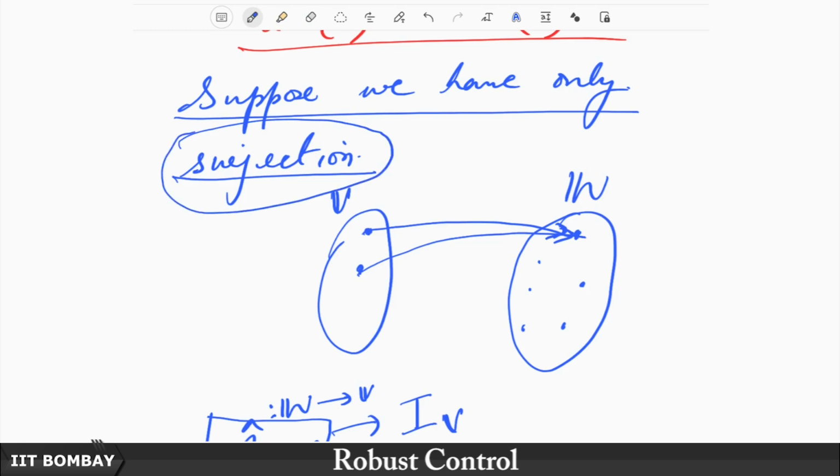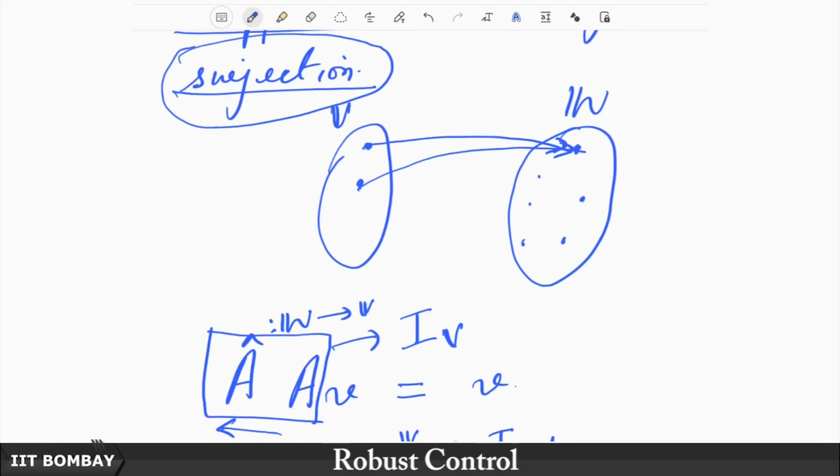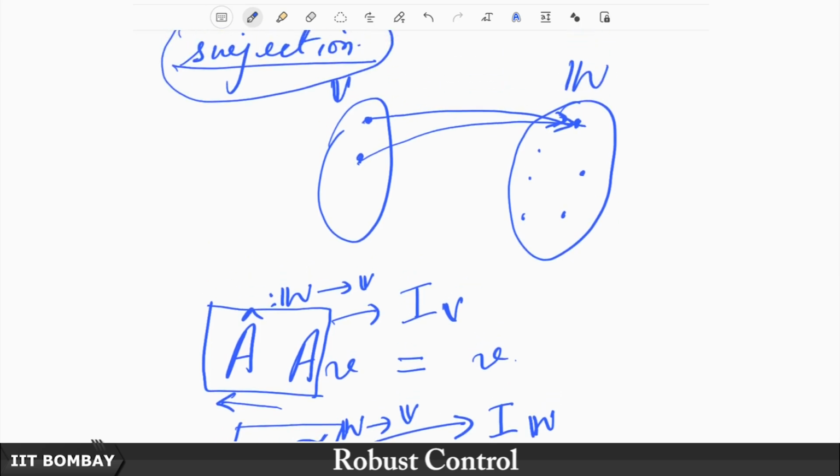It means that under the linear map A from V to W, you can pick out any point out here without exception.